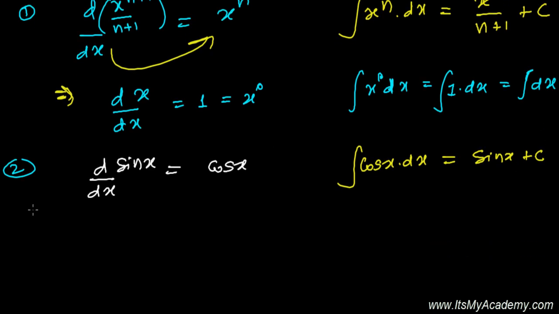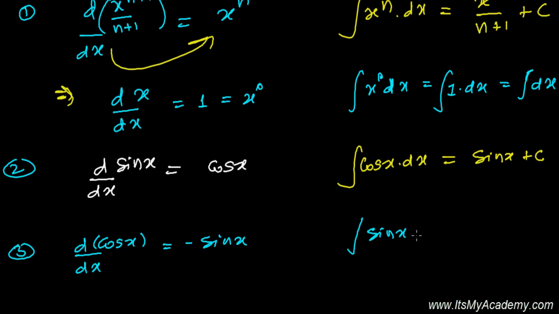Similarly, the third one: the derivative of cosine of x with respect to x is minus sine of x. So the integration of sine of x will be minus cosine of x plus some constant. Either you put the minus here or there, it doesn't matter; it's just the opposite. It's the same thing, you will understand it.